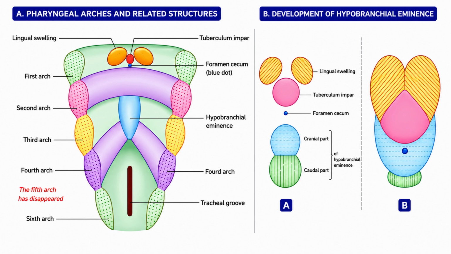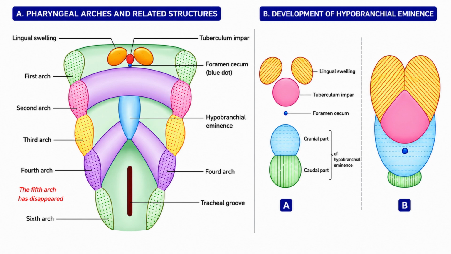These processes form the anterior two-thirds of the tongue. Then the hypobranchial eminence in the third arch forms the posterior one-third of the tongue. During this process, the second arch mesoderm gets buried below the surface.